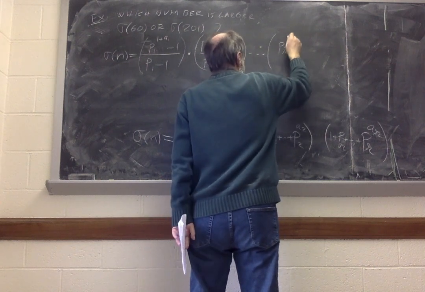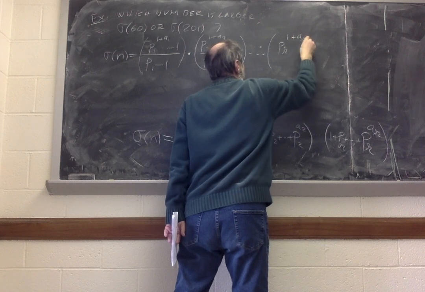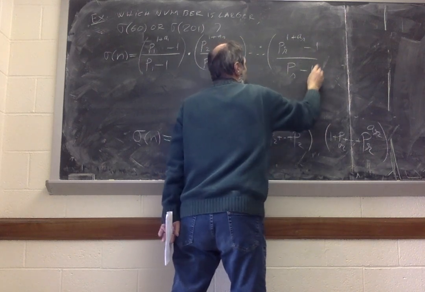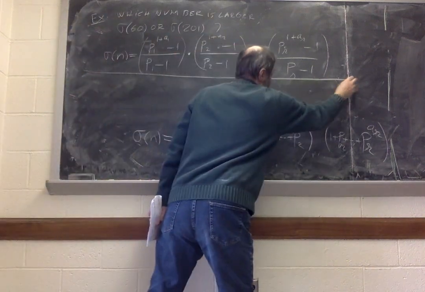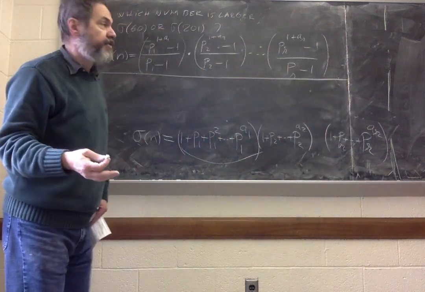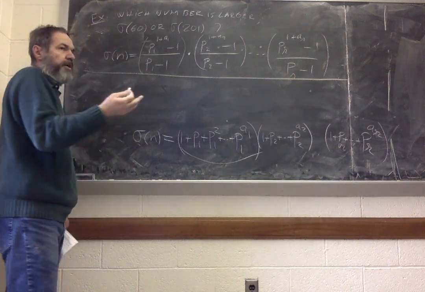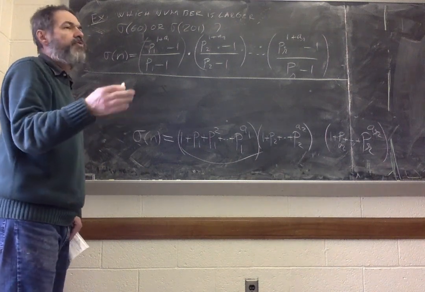So pr to the 1 plus ar, minus 1 over pr minus 1. Now let's see what happens if I use both formulas to compute a number like sigma of 100 that we computed. Even by definition, we found it is 217.